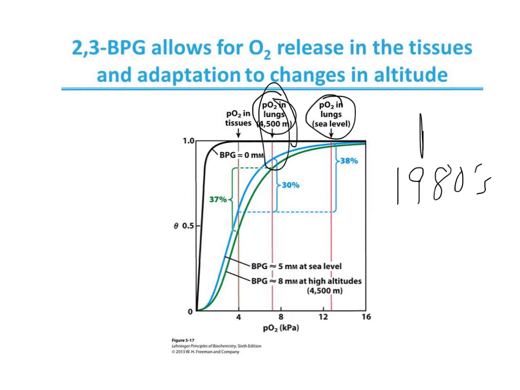Maybe you're out here somewhere. Well, maybe it wouldn't make a big difference, because even right at sea level, the amount of oxygen available is enough to saturate your hemoglobin binding sites already.